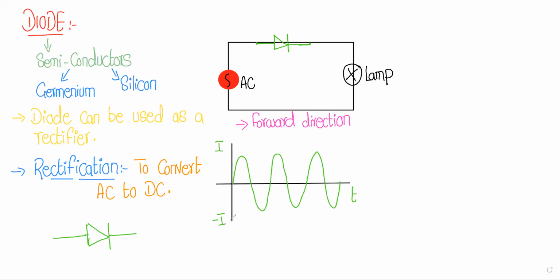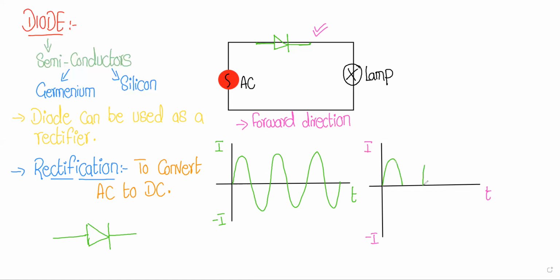When this device converts AC into DC, the final graph will be like the graph of DC. You can see in the first diagram that both directions are possible for electric current, one forward, the second backward, right? The final graph, for the AC current passing through the diode, will be like this.